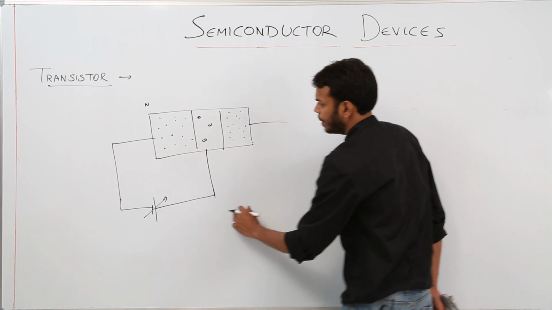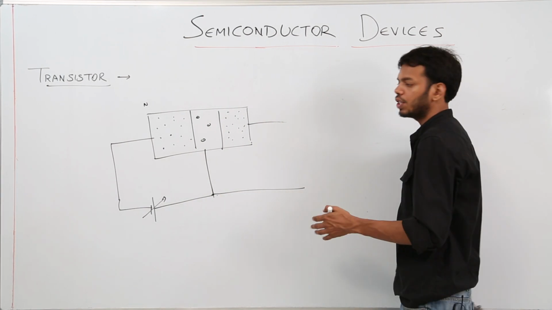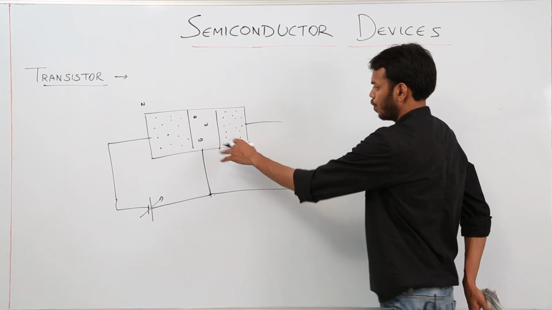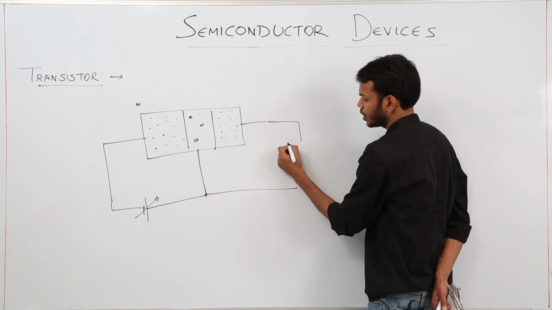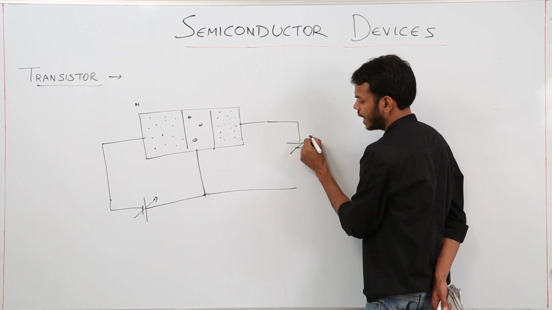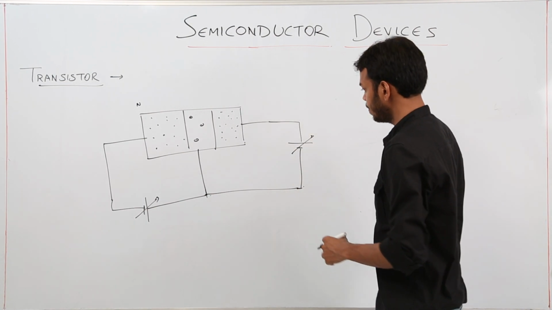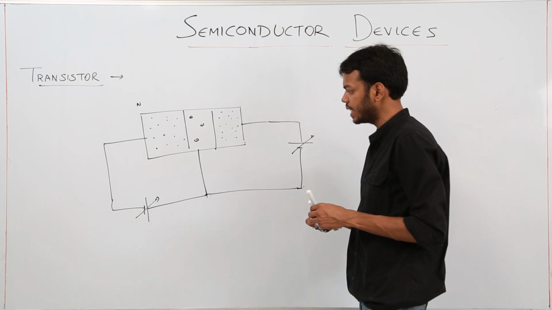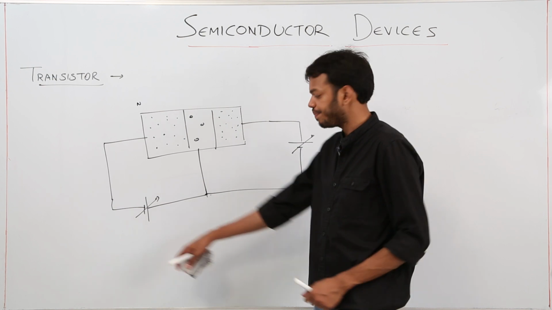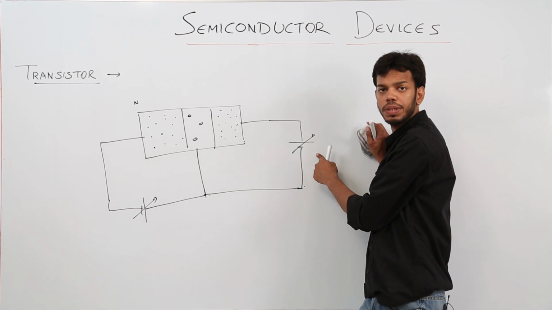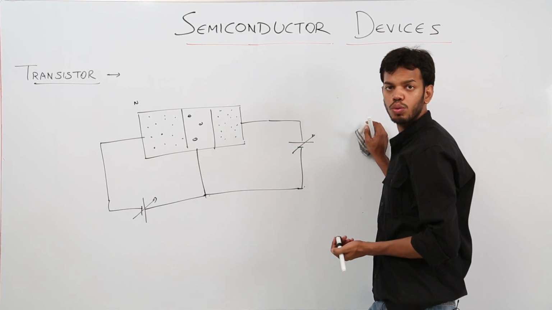Similarly, if the emitter-base junction is forward biased, this will always be reverse biased. For example, negative connected to positive part, positive connected to negative part, and variable voltage. In many books you will see a diagram like this, where the voltage here is represented by one cell, and here by 3 or 4 cells or more than 2 cells, right?